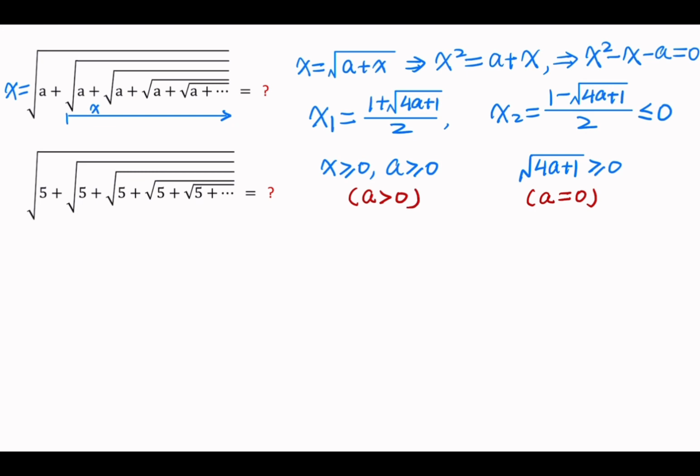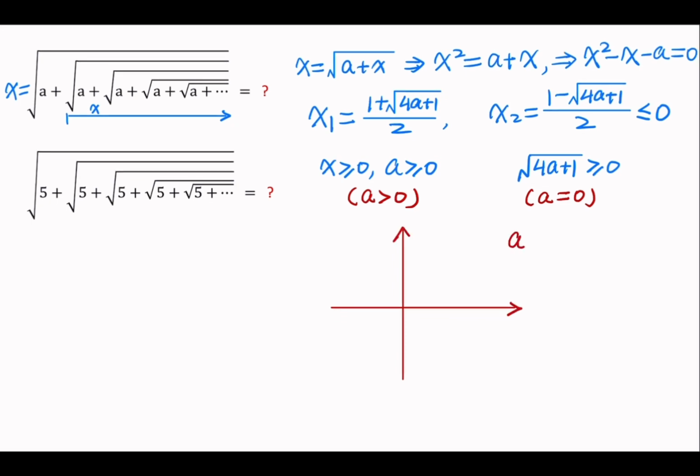And then if we look at this in the coordinate plane, the curve of this equation is a equals x squared minus x. So if this is a, this is x, the curve is going to be like this.